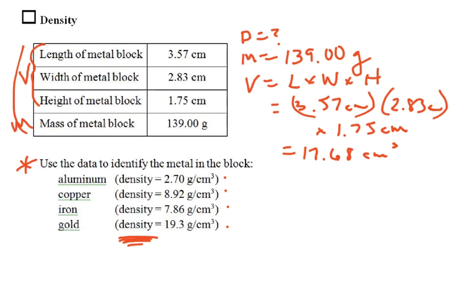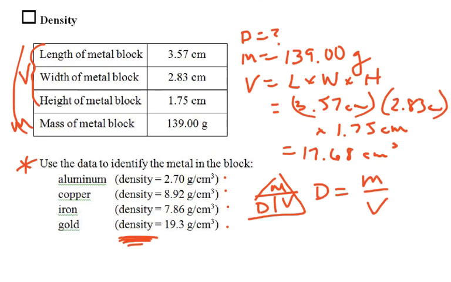So here's my information, and I can see what I want here. If I think about my density triangle, density is mass over volume. I want my density, so therefore my equation is density equals mass over volume.